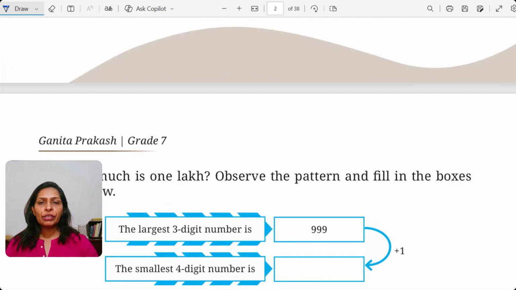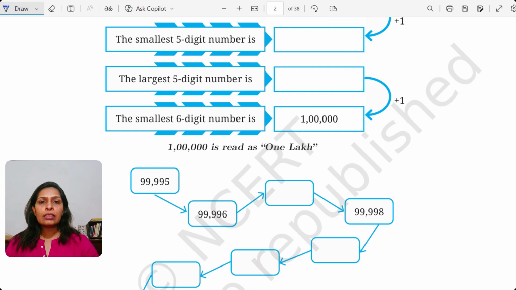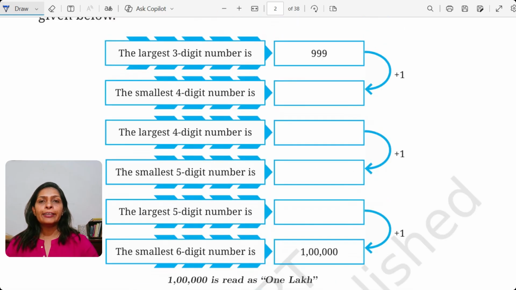If we move further, you can see this table given on page number 2. Let's understand how to fill in these numbers. First, they are talking about the largest three digit number. From the counting numbers 0 to 9, we know that 0 is the smallest and 9 is the largest.